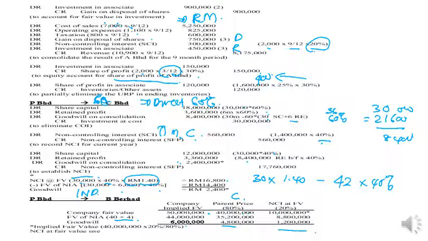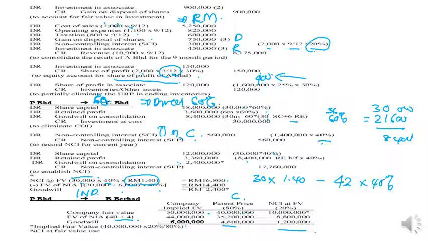For P to C here, P has only 60% in C. So share capital 30 times 60%, retained profit brought forward here is 6 million times 60%, and then the goodwill on consideration here.